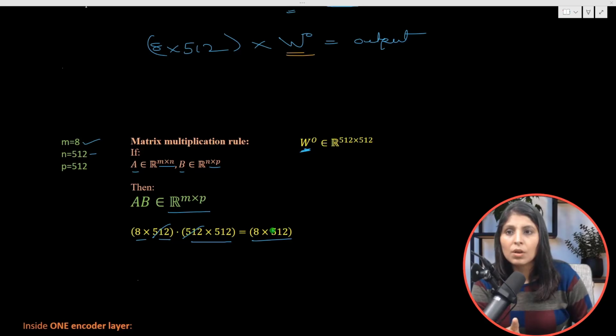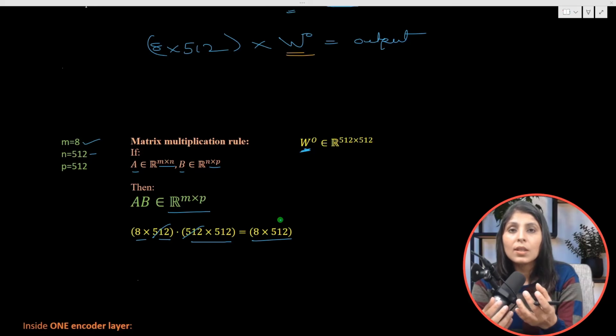For each token, we are going to have a vector of size 512, and that vector will have the information from all the 8 heads, meaning all the 8 self-attention tasks which are performed. We get the information from them in a single vector, and the size of that vector will be 512. For one token, we are going to have 512 numbers now.